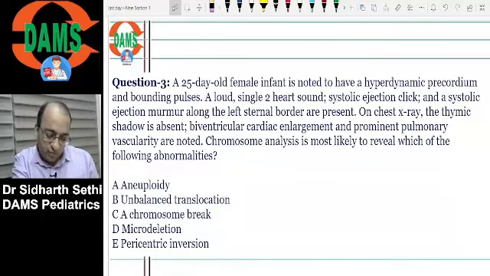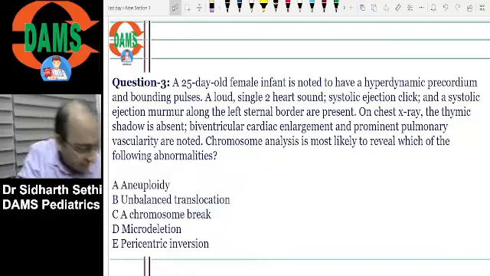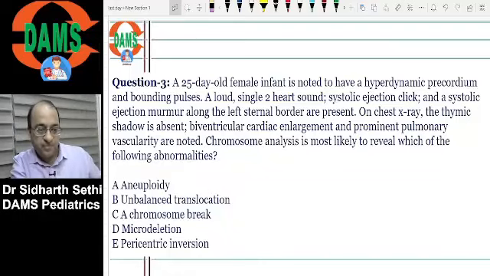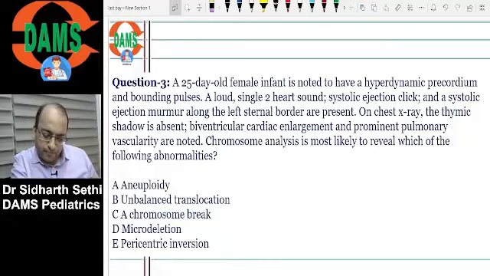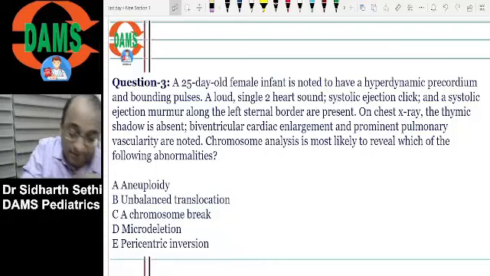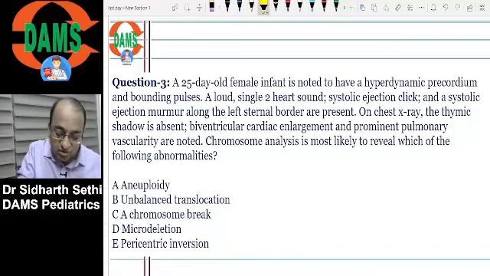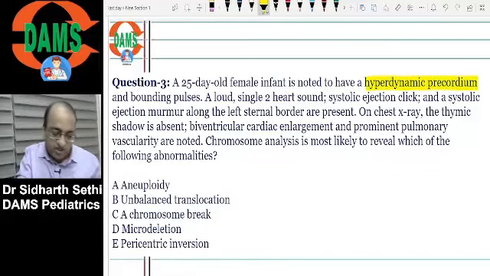On your screen, all of you, is a 25-day-old female infant who has hyperdynamic precordium. Hyperdynamic. So there is so much activity in the precordium. You can see all the pulsations in the precordium.